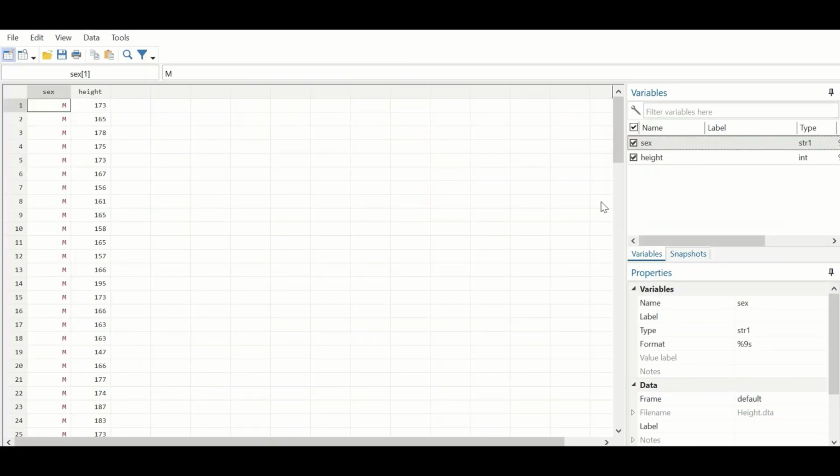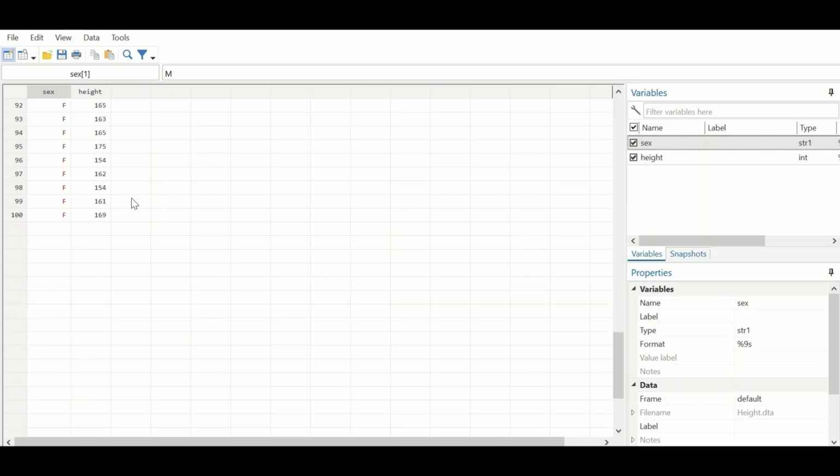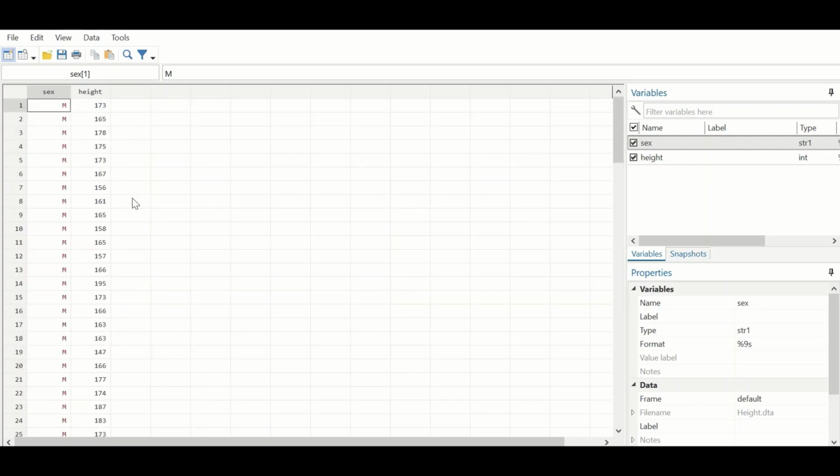Here in the Stata data view, I have inserted data for 100 participants. There are two variables.